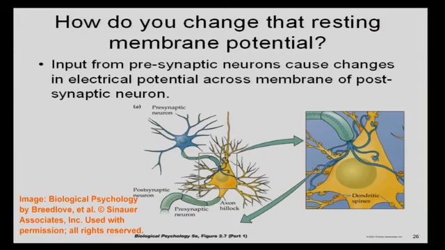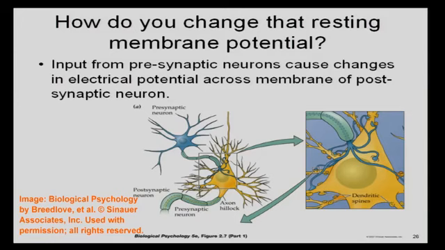Good question. Yes? What factors cause the initial reaching of the threshold point? Yeah, so the factors that cause the reaching of the threshold are, let me just go back. So the question is, what are the factors that cause the membrane potential to change? And here, it is the inputs from the other axon onto this cell.